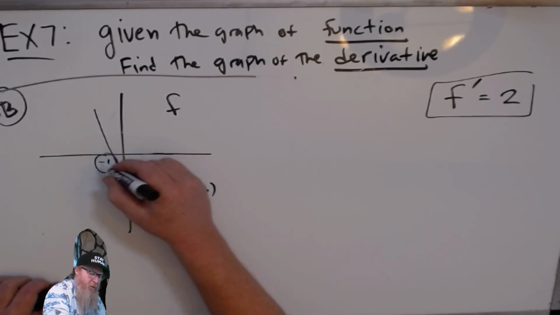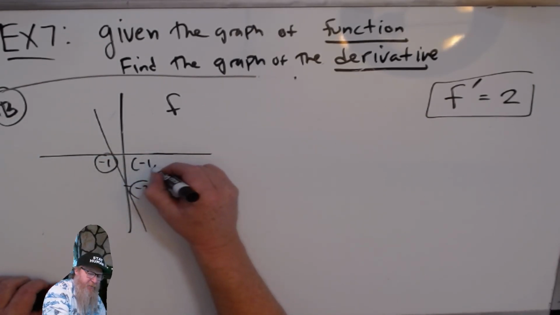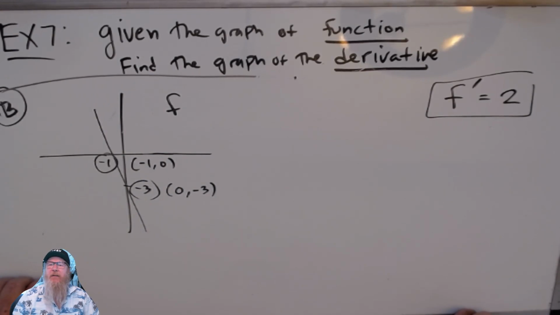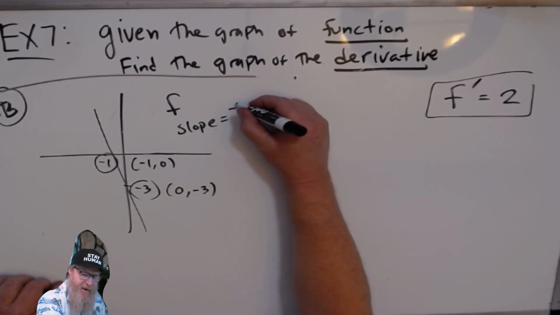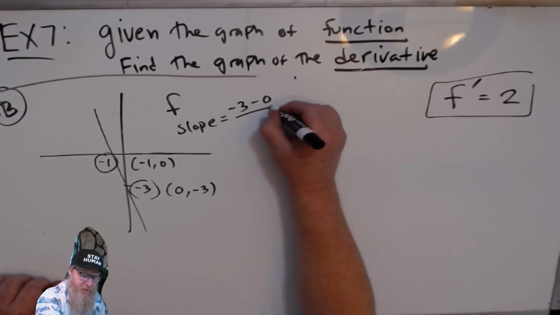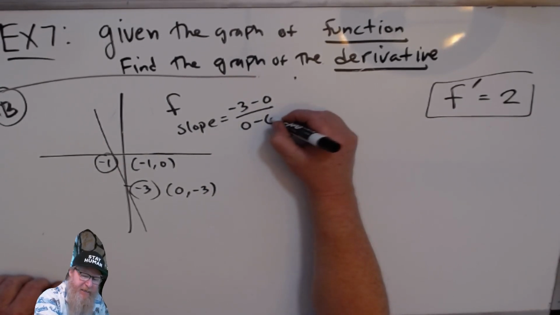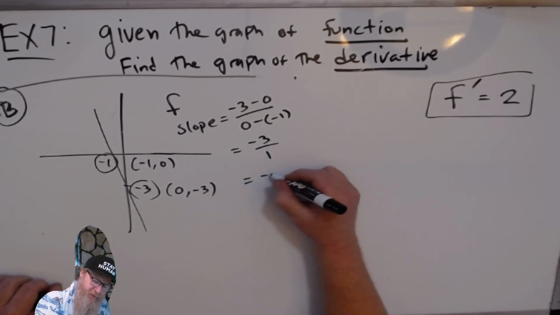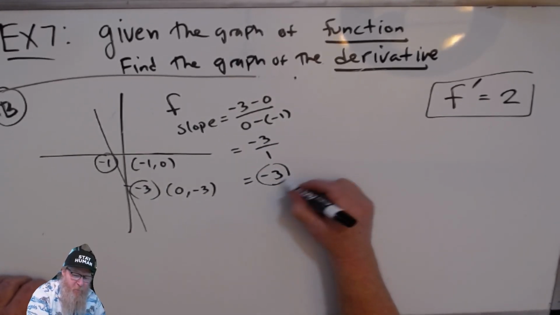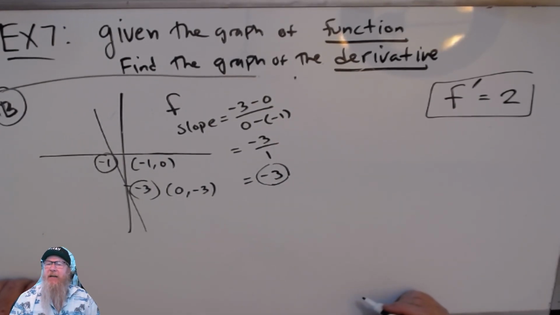And then negative 1 is negative 1, 0. So the slope is negative 3 minus 0 over 0 minus negative 1, which is negative 3 over 1, which is negative 3.